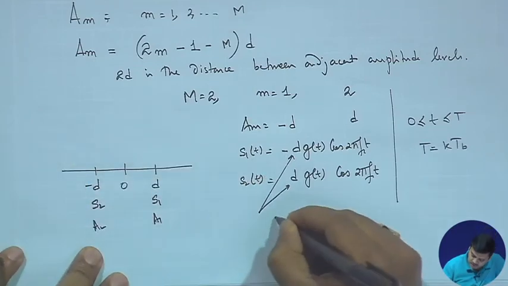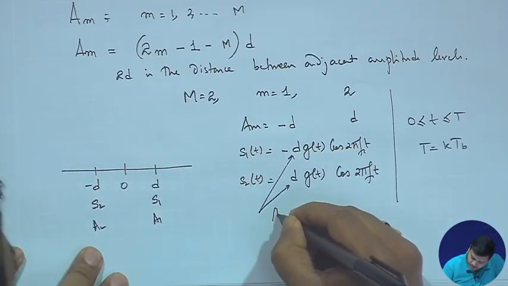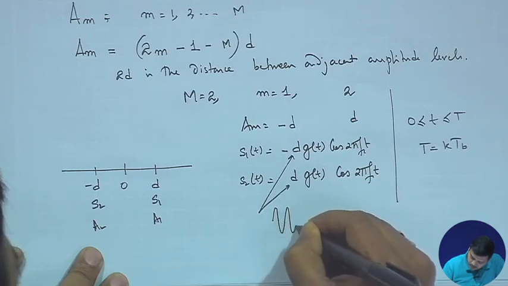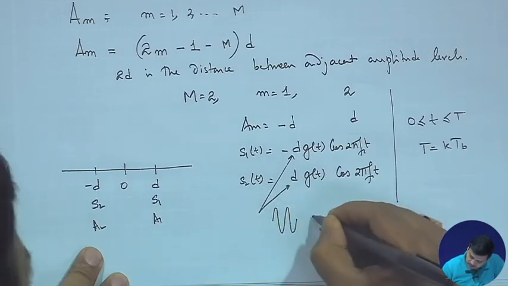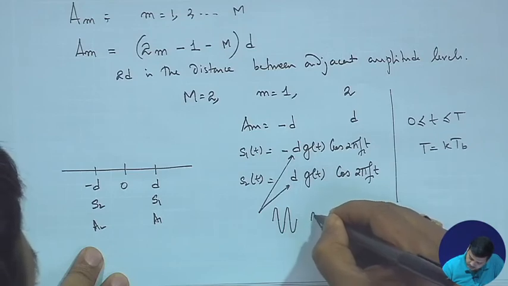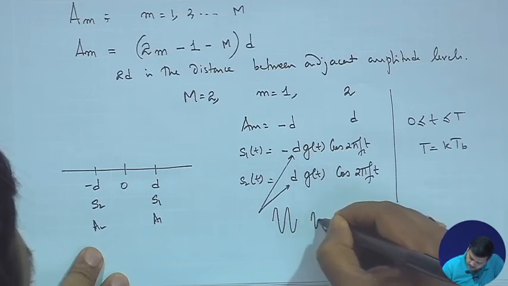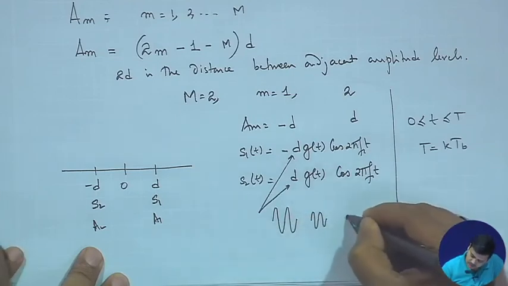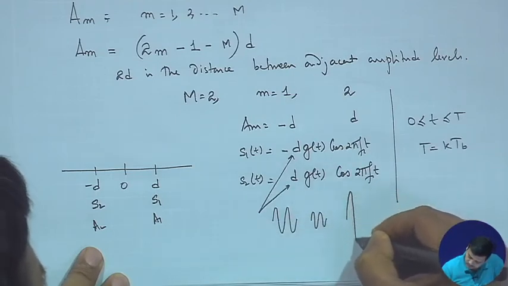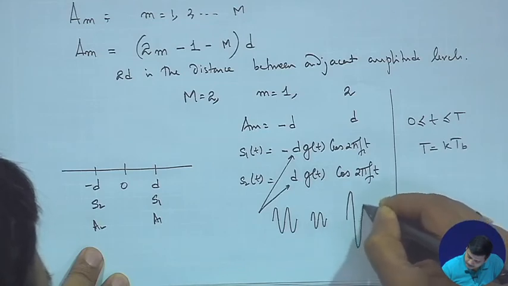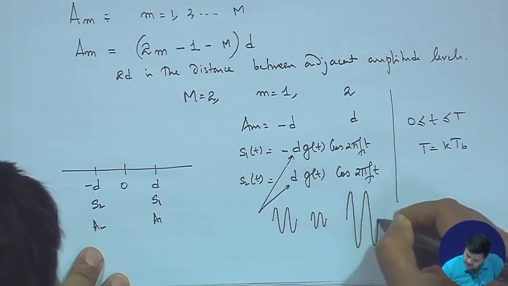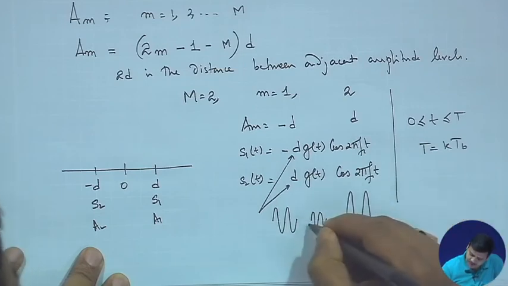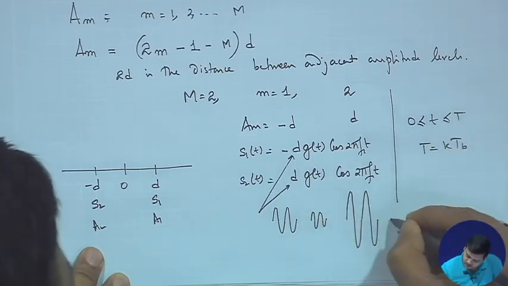That means, for a certain value of d, my waveform could be this, and the second waveform could be this. A different value of d could have my first waveform as this, and my second waveform could be same as this, does not matter, or could be even smaller.